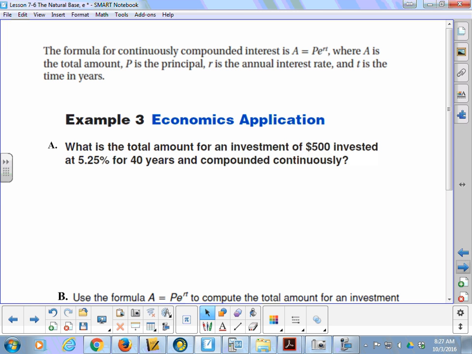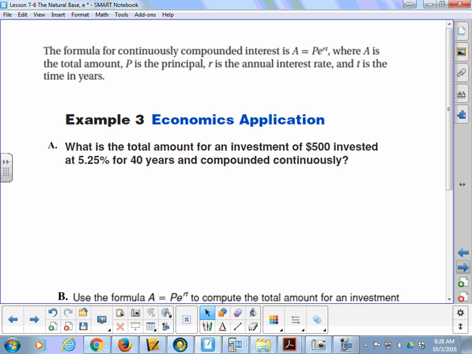I was telling you earlier that there's this formula called PERT, for compounding interest continuously. And here's the formula. It says A equals P times e raised to the power of rt. Now, in the first lesson of this chapter, we did exponential growth and decay.